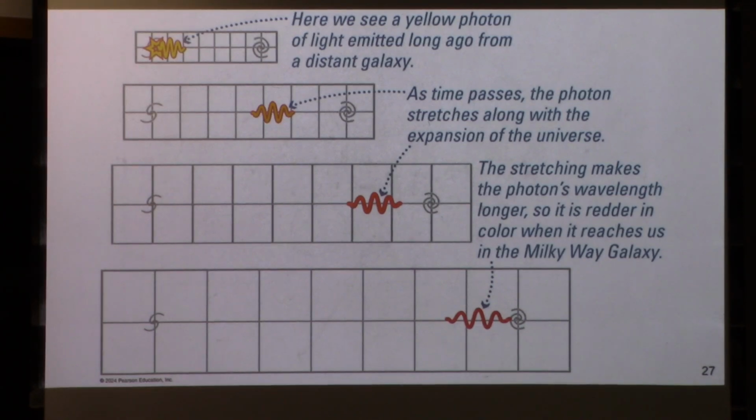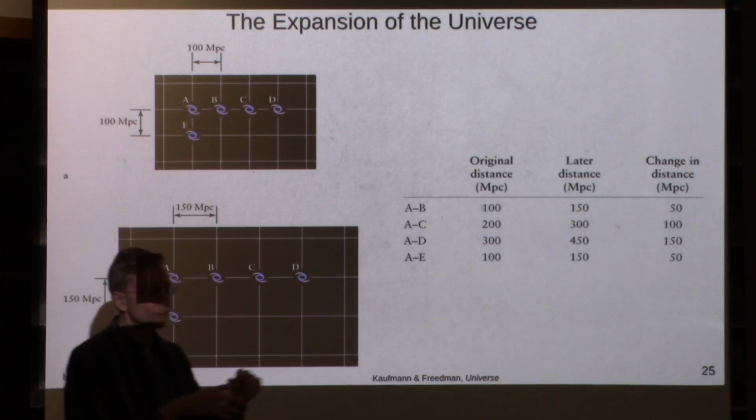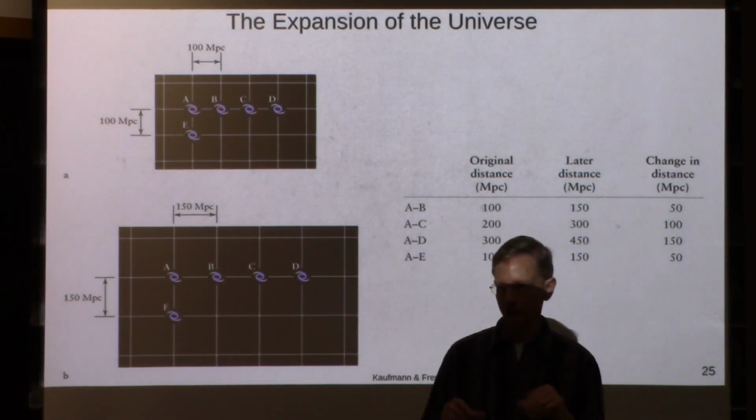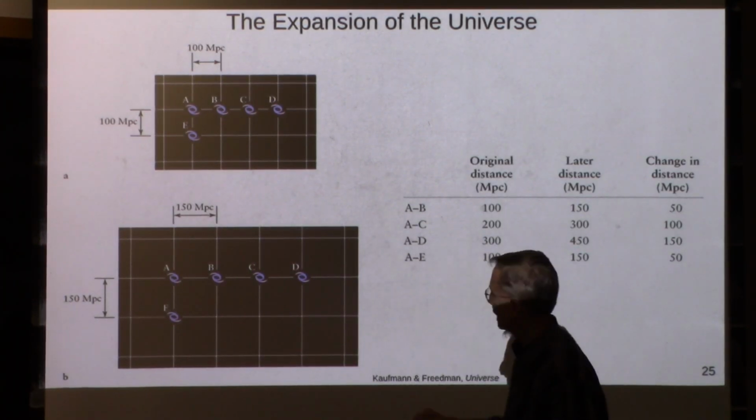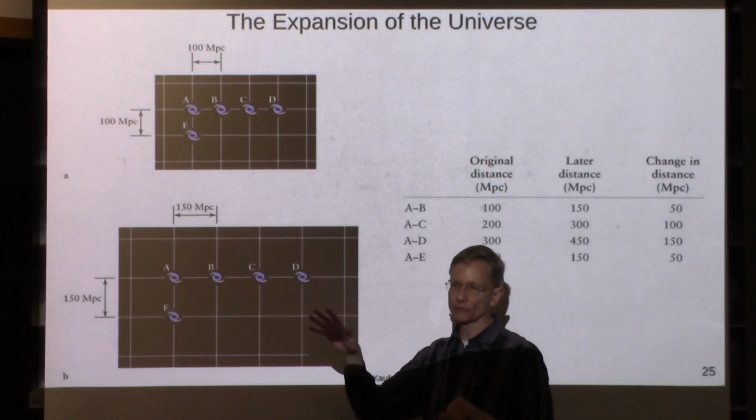If they are just being carried along by the Hubble flow, sort of passively, if you imagine that in this earlier figure all the galaxies are just sitting there at the intersections of the grid, then what you're seeing is pure cosmological redshift. But in reality, there is some motion of galaxies relative to the grid lines, so to speak, and so that is added on top of the cosmological redshift.